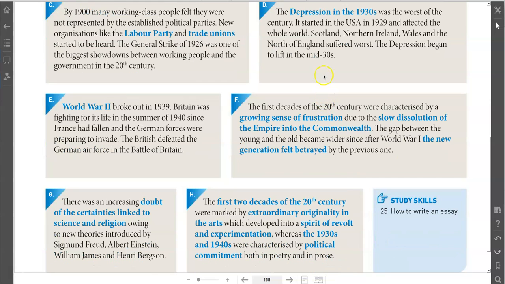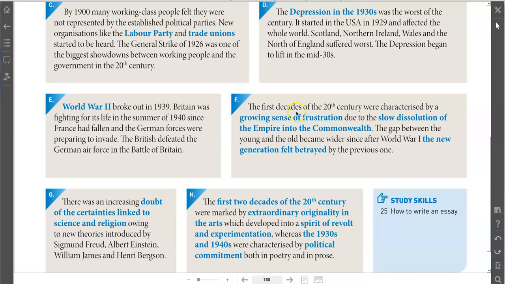World War II broke out in 1939. Britain was fighting for its life in the summer of 1940, since France had fallen and the German forces were preparing to invade Britain. The British defeated the German Air Force in the Battle of Britain.